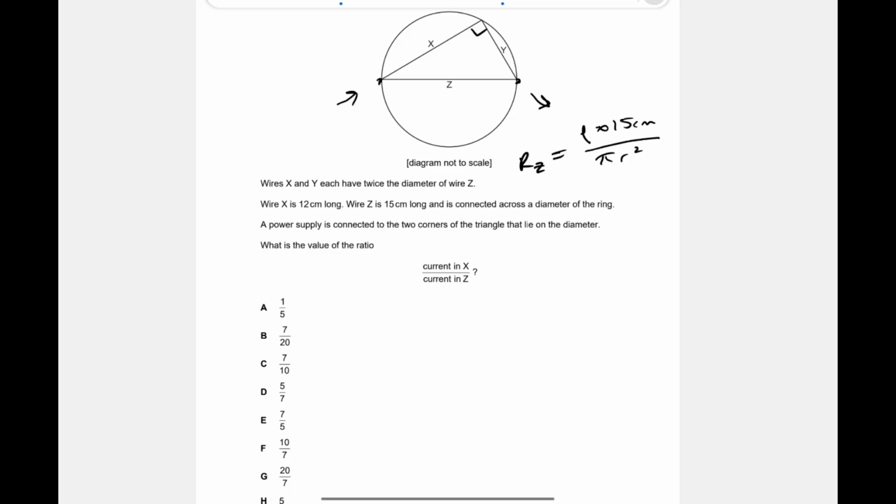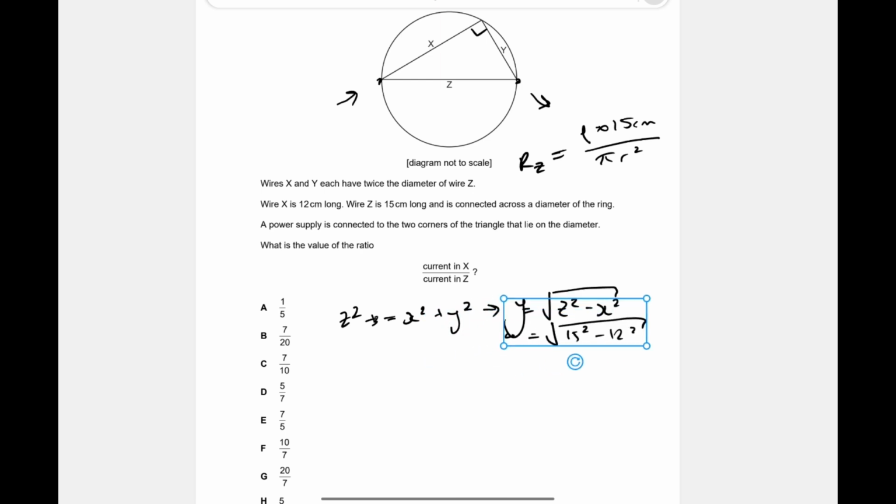So we can use Pythagoras theorem. So Z squared, this is in terms of length, Z squared equals X squared plus Y squared. So Y equals root Z squared minus X squared, which is root of 15 squared minus 12 squared. Wait, I'll move that over there actually.